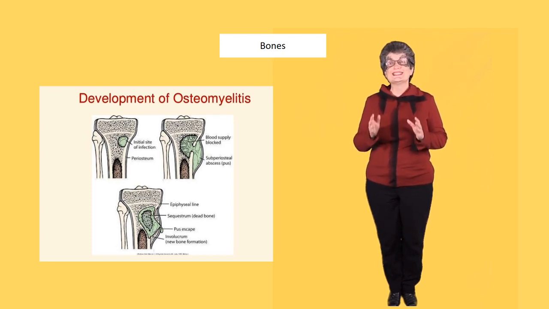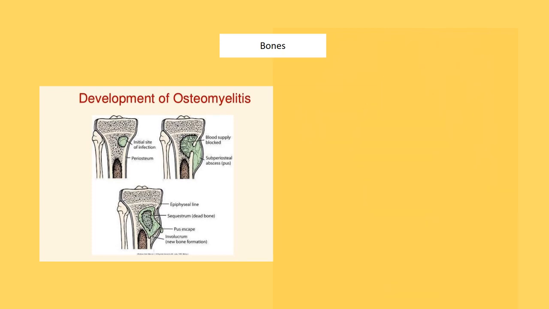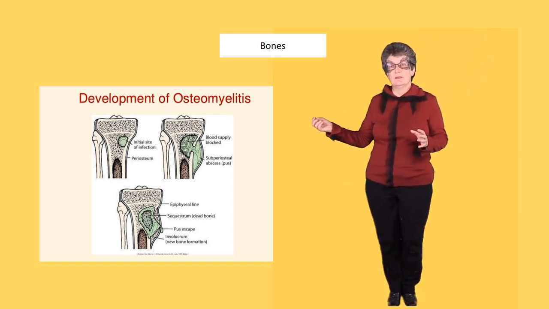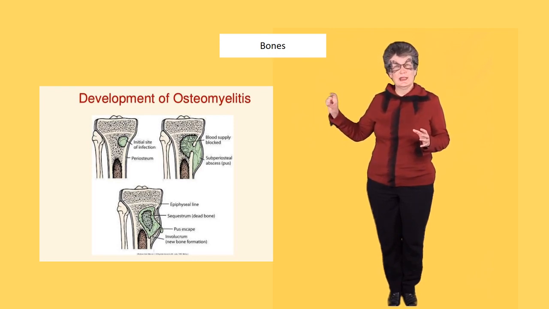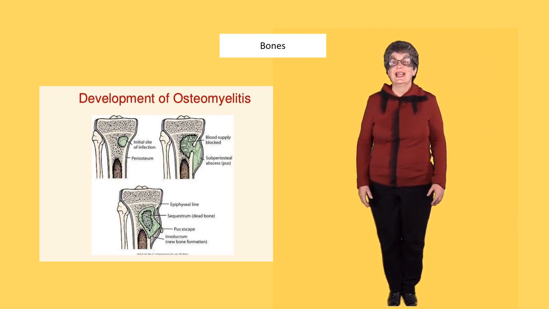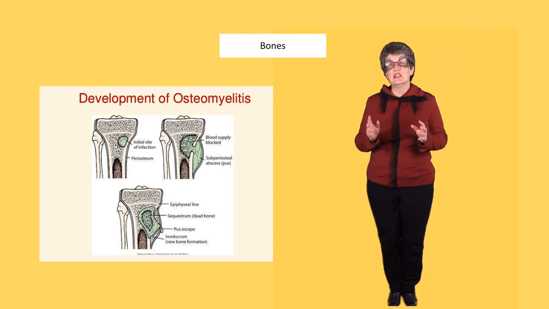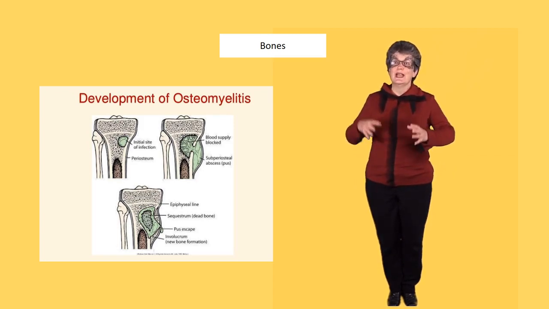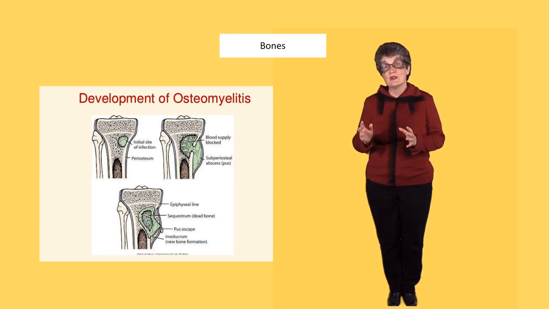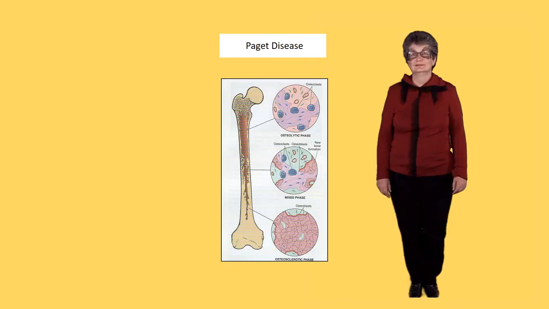The first is a sequestrum. You can see a sequestrum in the lower diagram. It's that pale area in the pus. This is essentially a lump of dead bone which is sitting there surrounded by pus. And then there's the involucrum. So the involucrum is an area of bone that is attempting to heal around the area of abscess.